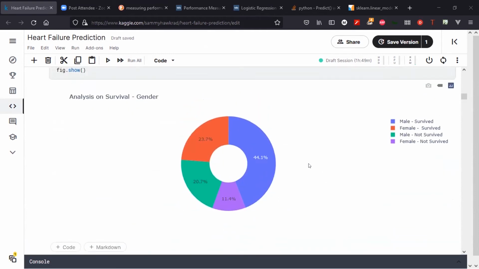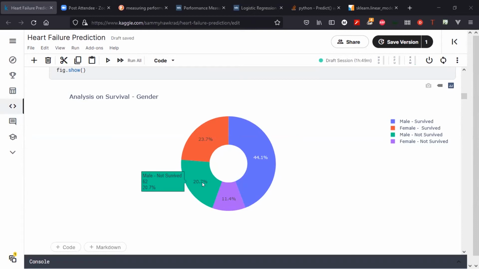And for survival, we see the results based on gender. 44.1% of males who had a heart attack survived, and approximately 21% of them did not survive.